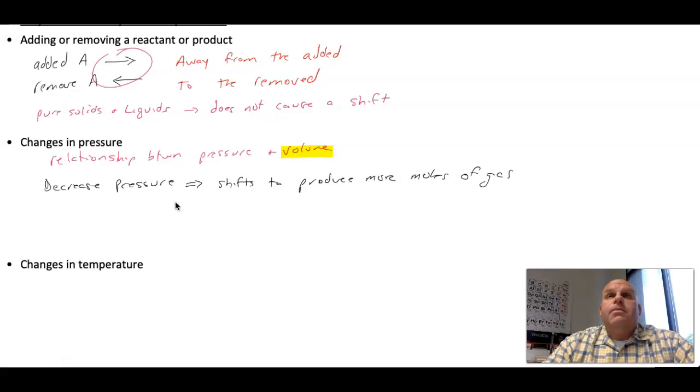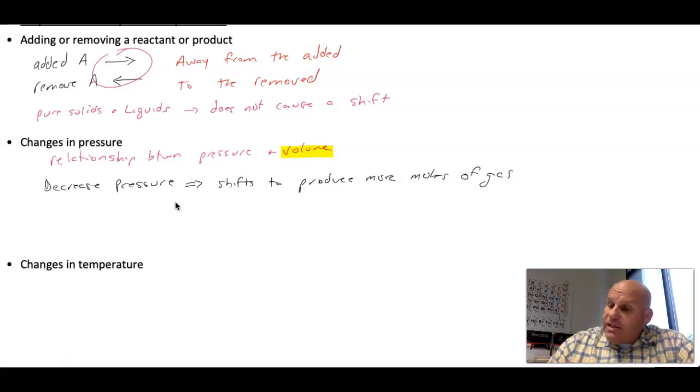So if I decrease the pressure, the system's going to want to bring the pressure back up. In order to do that, the easiest way is to have more gas, so to produce more particles of gas. So my system is going to shift in the direction of more moles of gas.